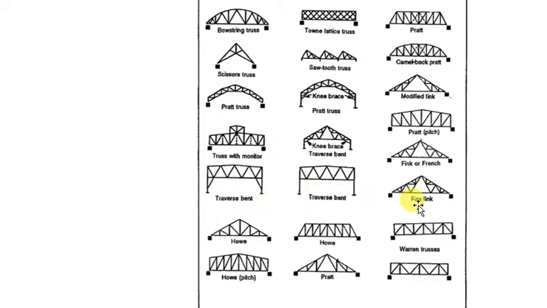We have a fan truss. We have a Warren truss. I mean, so many of them. But if you're keen enough, you realize that the smallest unit here is triangular in shape. The question is why? Why not square? Why not rectangle, or any other shape? That is what we want to understand, right? So if you want to understand this, just keep watching.